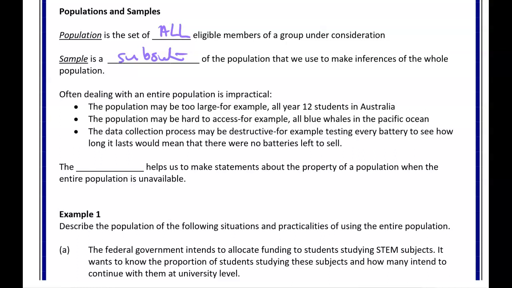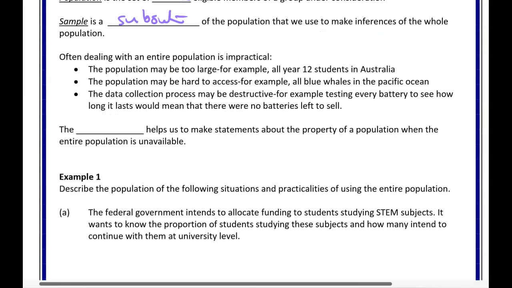And so the idea is if we can select a sample or a series of samples that are representative of the population, that is what we would normally do. And that is the aim, to try and reduce bias in a sample and ensure that it's representative as best as we can of the population.